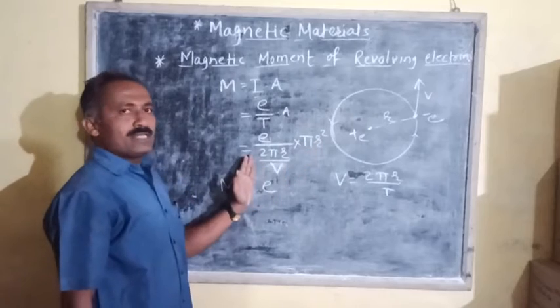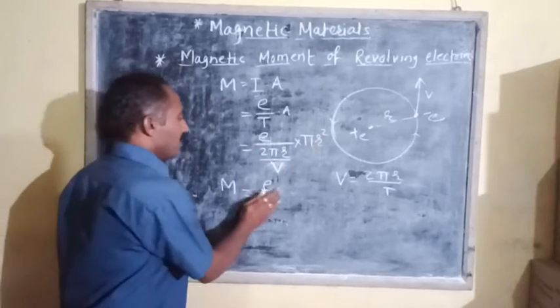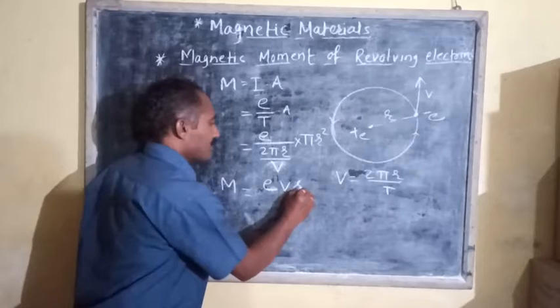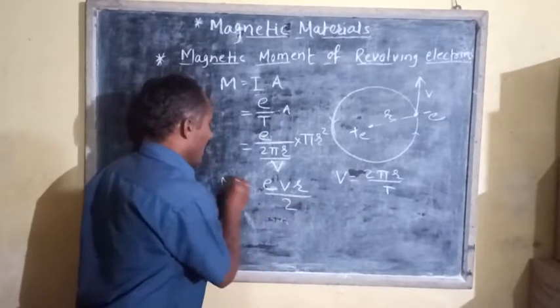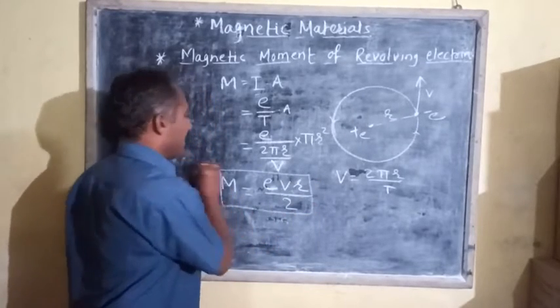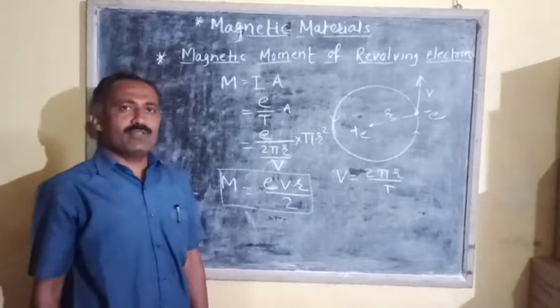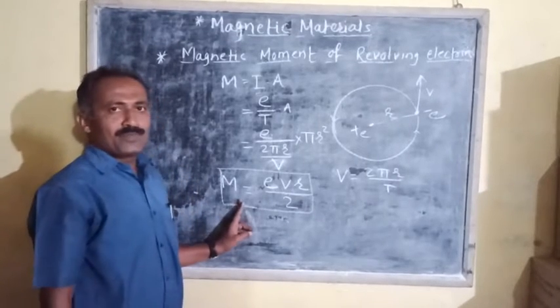Upon solving this equation we get M equals e v r upon 2, and this is the expression for the magnitude of the magnetic moment associated with the electron.